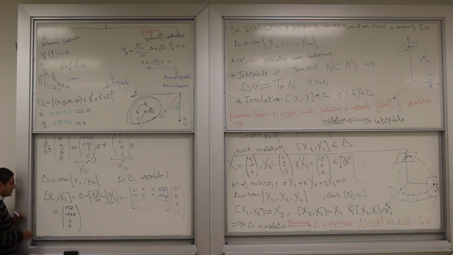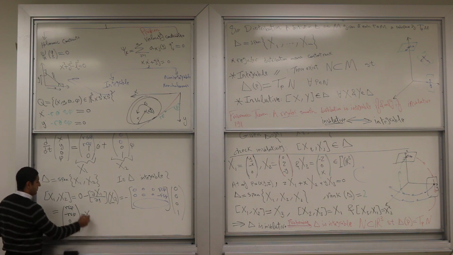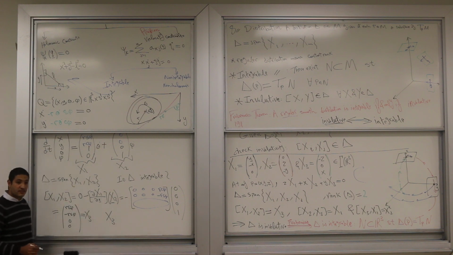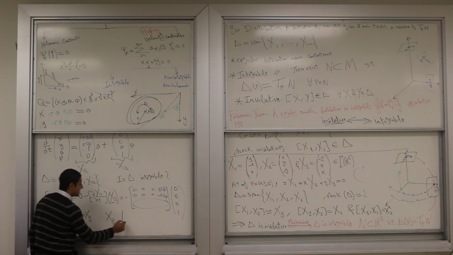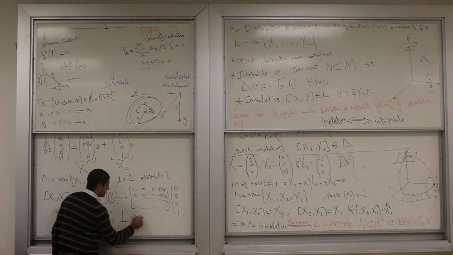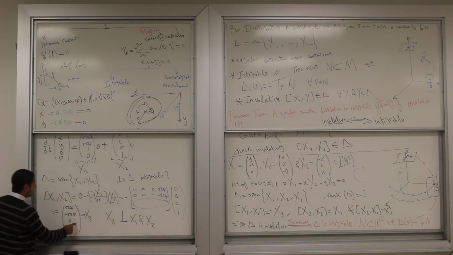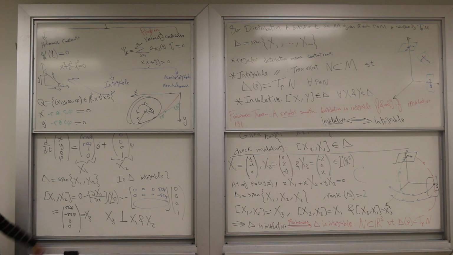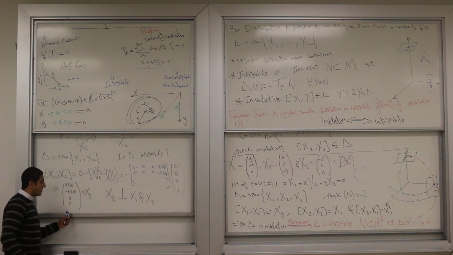No, actually. I'll call this x3, okay? Actually, x3 is not only linearly independent of x1 and x2, it's actually perpendicular to x1 and x2. If you do x3 dotted with x2, you get 0, and x3 dotted with x1, you get 0. So it's actually perpendicular.